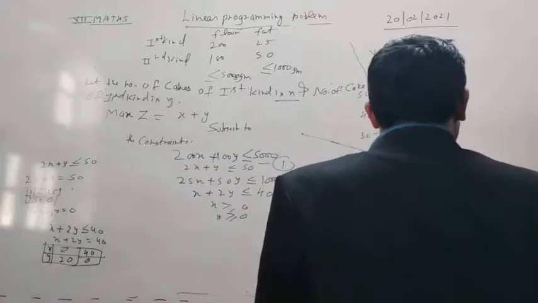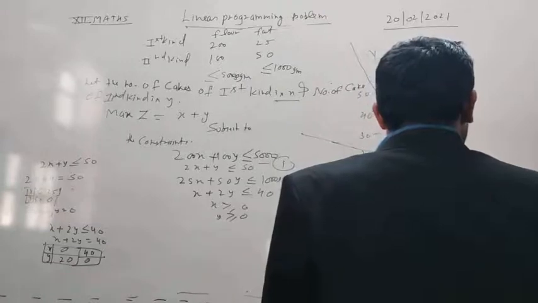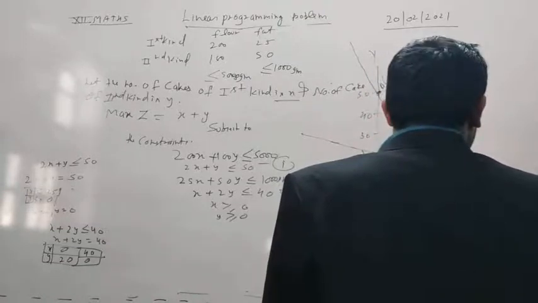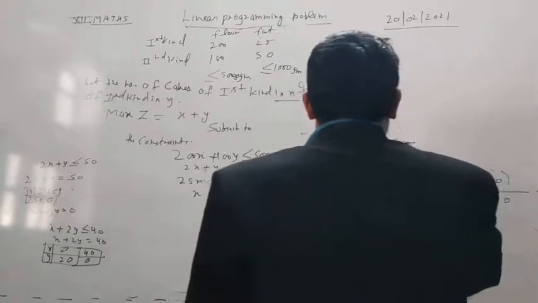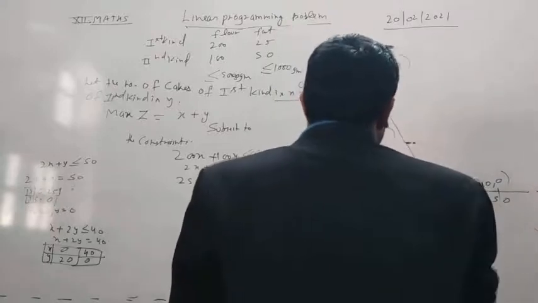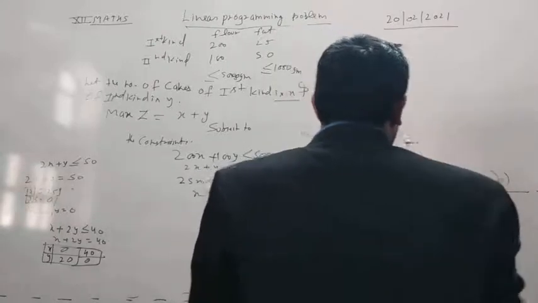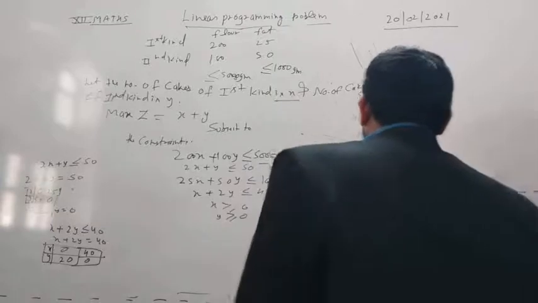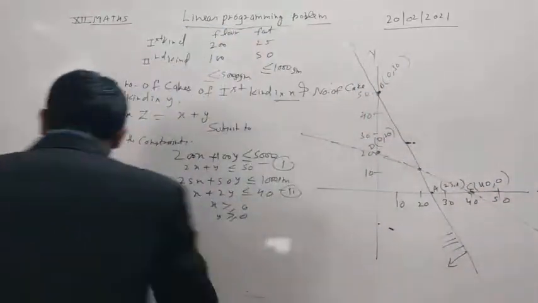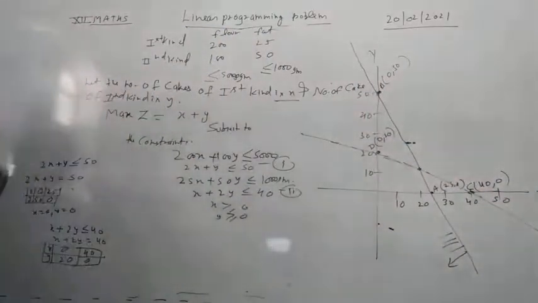So this is point C, which is (40, 0), and point D is (0, 20), and there is an intersection point, students.